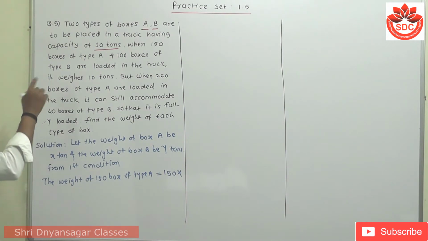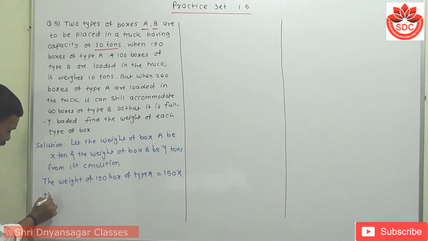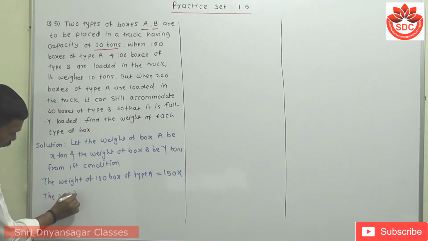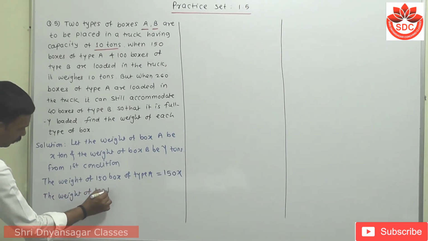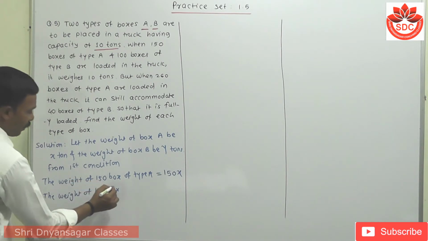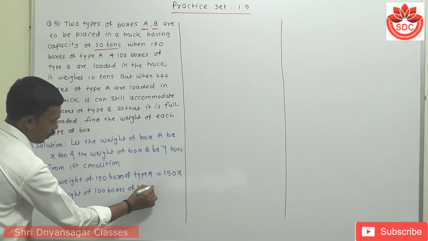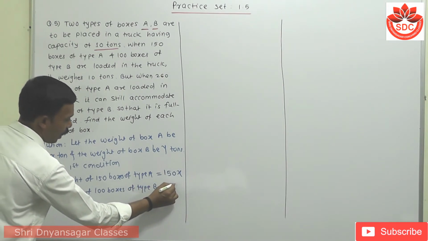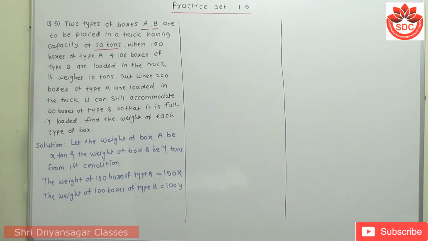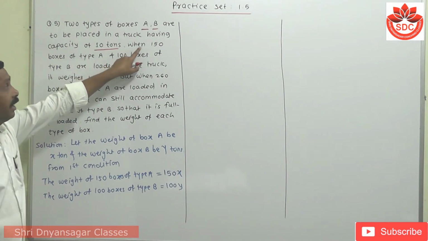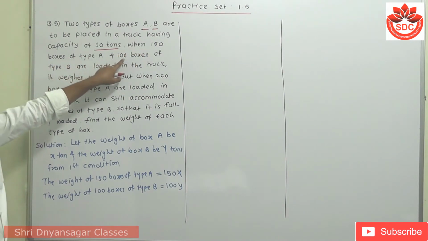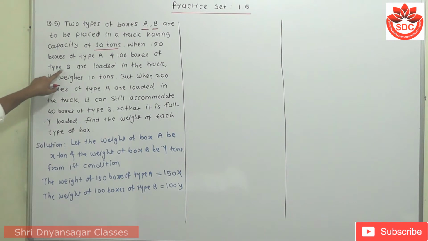Then the weight of the 100 boxes of type B is equal to 100 into y. This is the weight. Then by using the first condition, we write the equation here. The capacity of the truck is 10 tons when 150 boxes of type A and 100 boxes of type B are loaded.